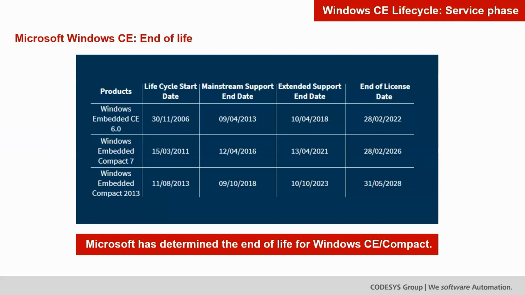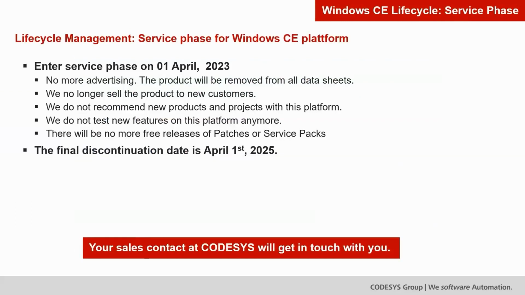So our plan is to also shift the Windows CE based products into the service phase, and we will do that on the 1st of April next year. This is after SP19. So for SP19 itself, everything stays the same as it is today, but afterwards we will shift it to the service phase.